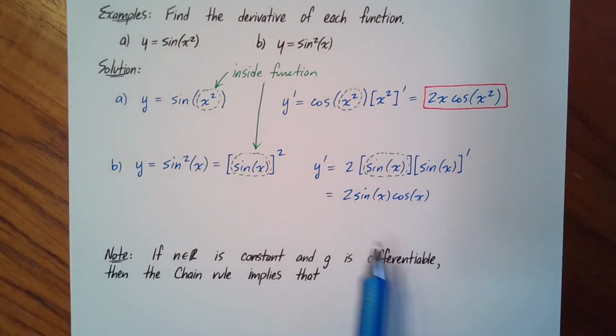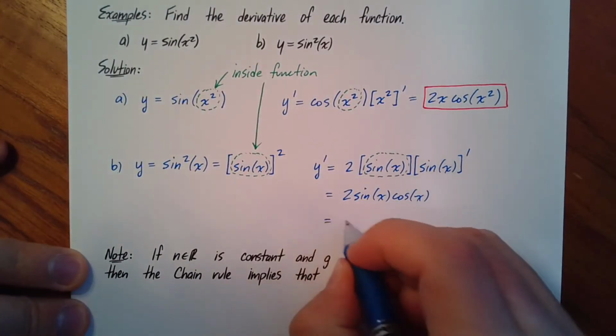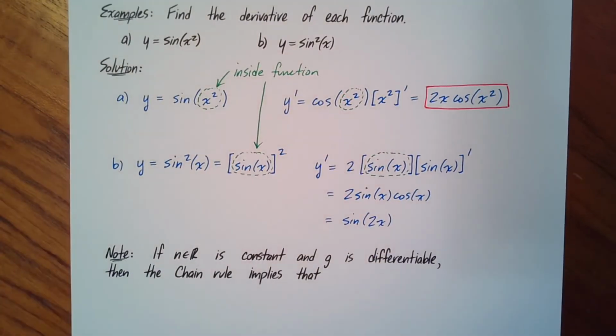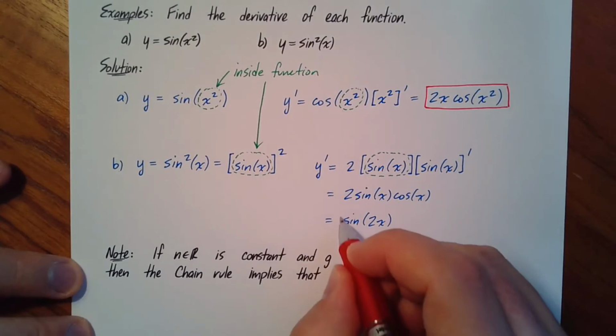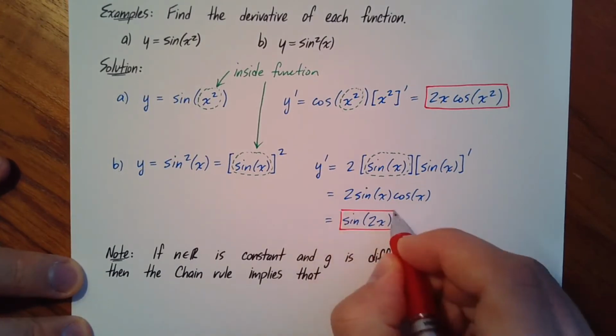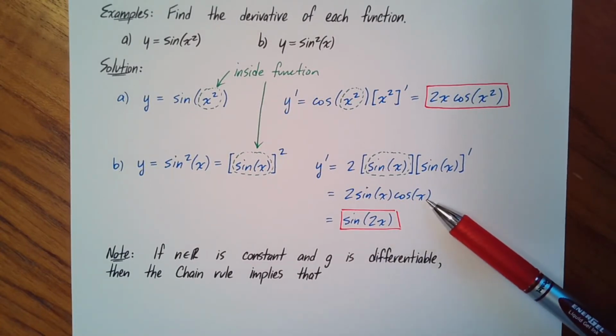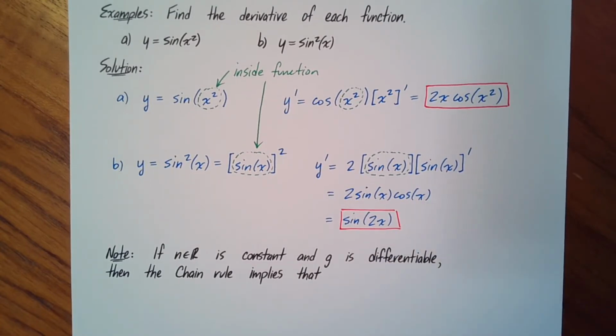And that's actually a double angle identity. You can express this as sine of 2x. So that's another way to write that, and of course, that's optional. You don't have to change that form. There's nothing wrong with just leaving it as y prime is equal to 2 sine of x times cos of x, but I'm going to take advantage of the double angle identity for sine and just write this as sine of 2x. So that's the more streamlined approach for applying the chain rule.